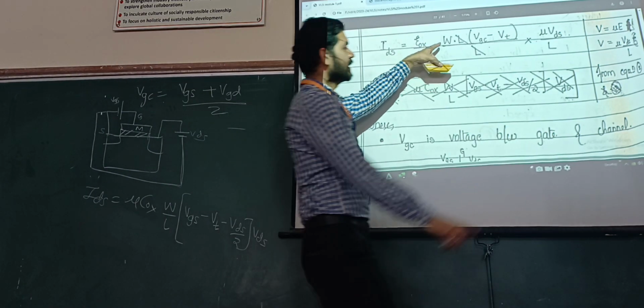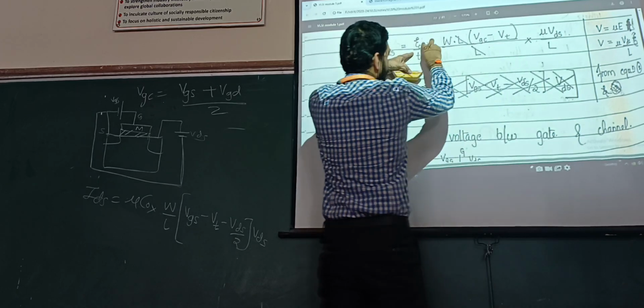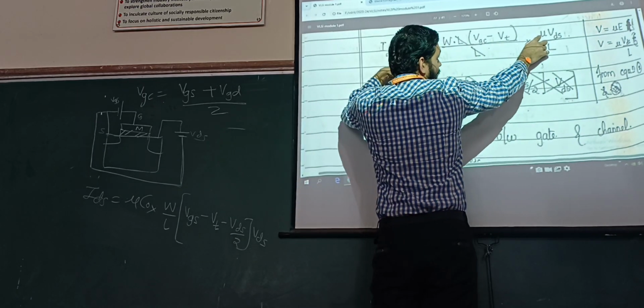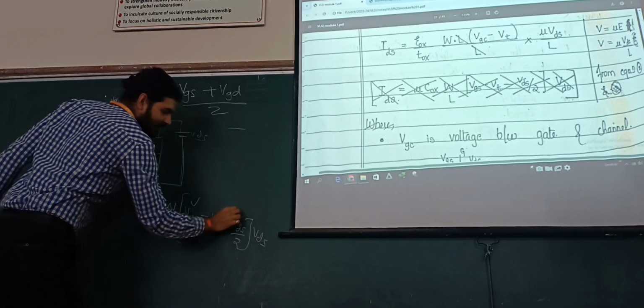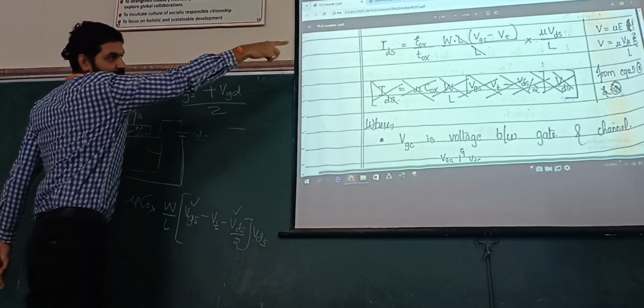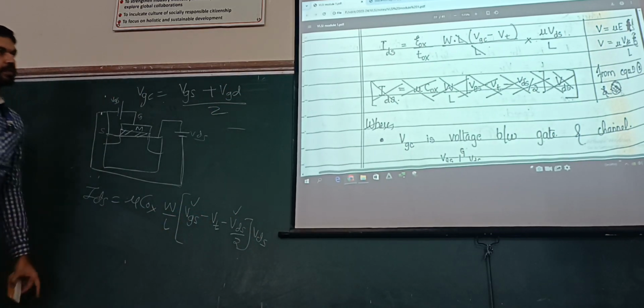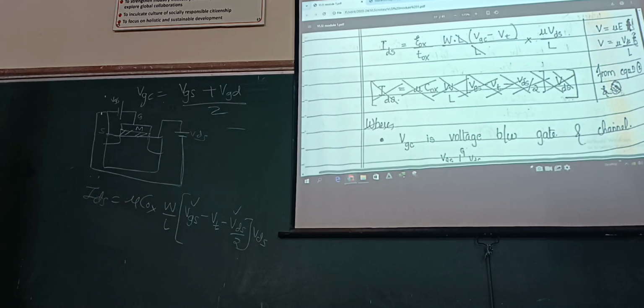W by L, and epsilon naught by Tox is Cox, mu is here. VGS minus VDS by 2 minus VT, into VDS. This is the equation of current in the linear region of operation.